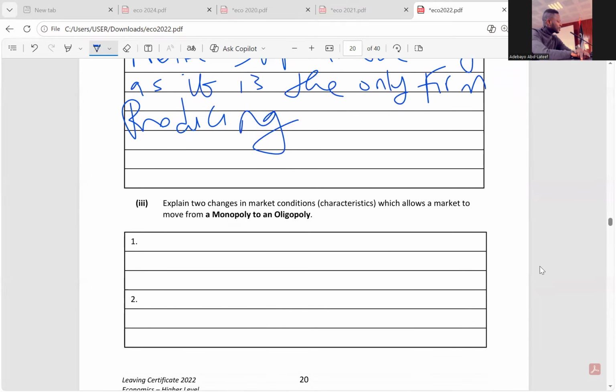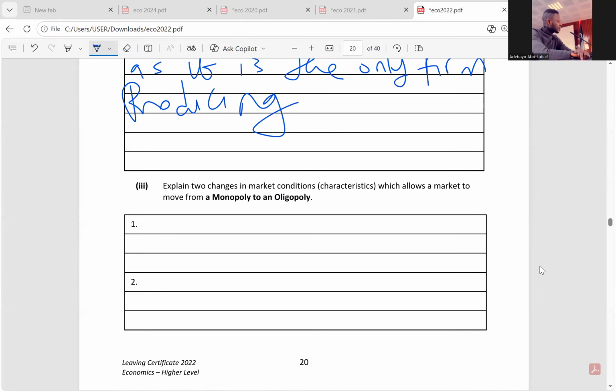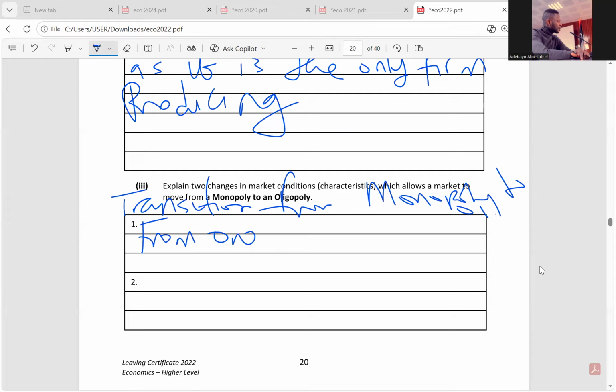Explain two changes in market conditions which allow the market to move from monopoly to an oligopoly. So we have a transition from monopoly to oligopoly. Number one is from one firm to a few large firms dominating.